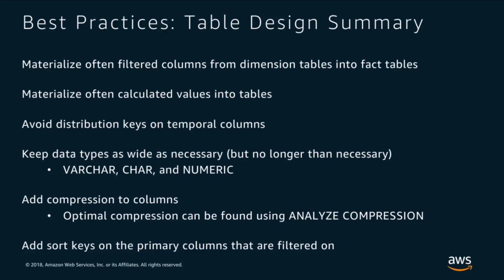One last point I'll just bring up is that varchars and chars and numerics, ideally you want to keep those as narrow as they need to be. Say, for example, you were wanting to store some sort of abbreviation that's a couple characters long. You're not going to want to make that a varchar 255.